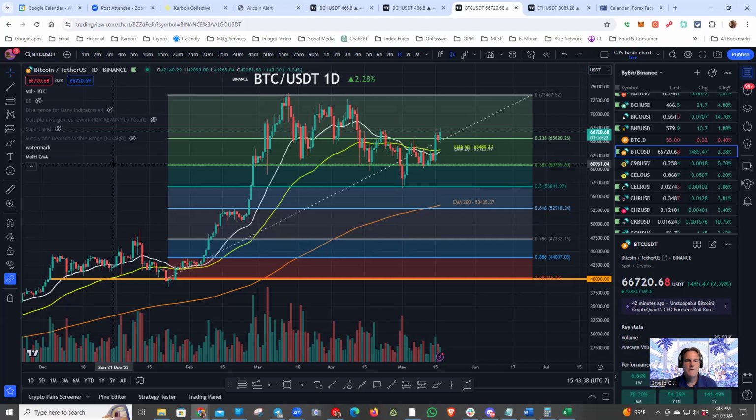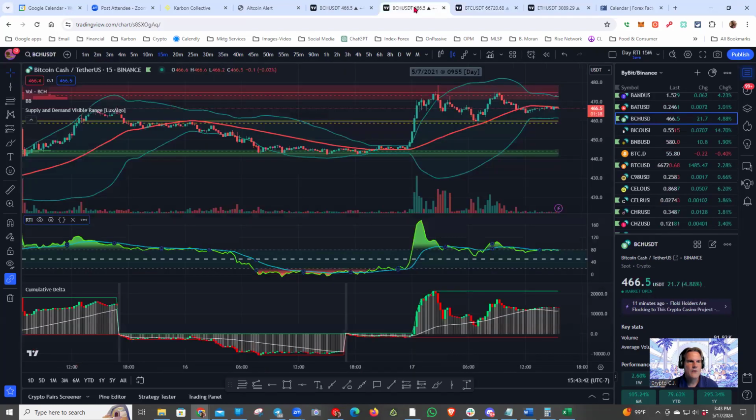Okay, so let's go over these layouts and then we'll wrap this up. The day trading layout, pretty much all the indicators I have loaded you see here. So RTI, cumulative delta, supply and demand visible range.